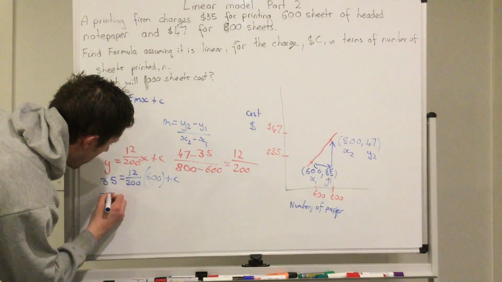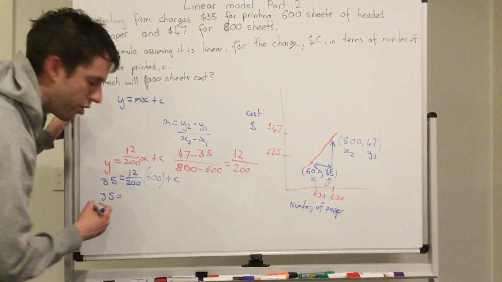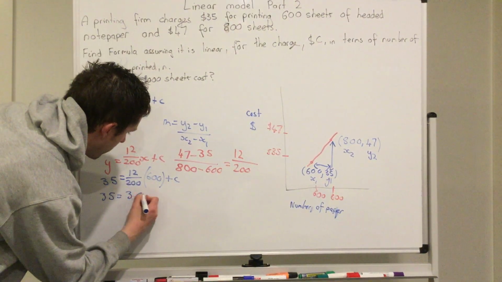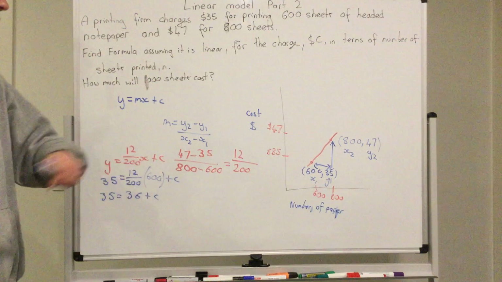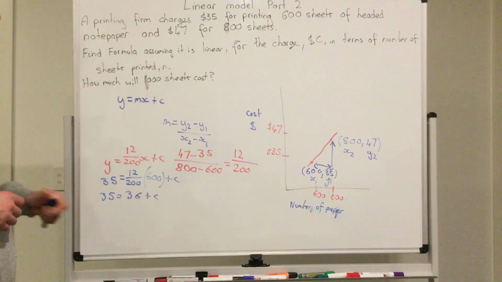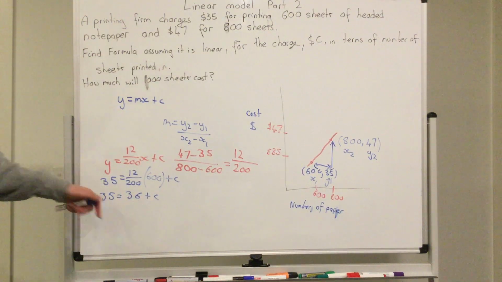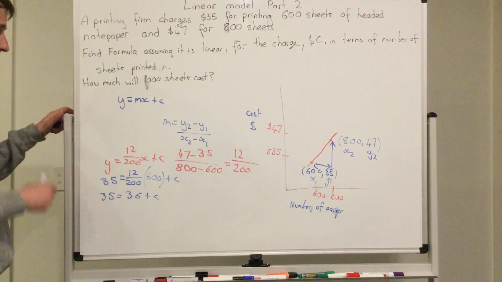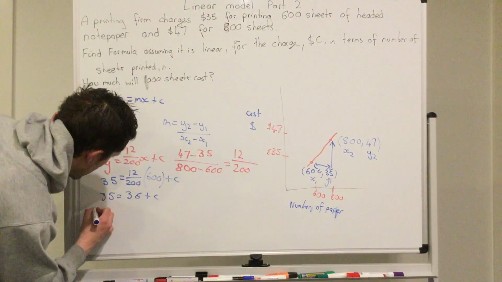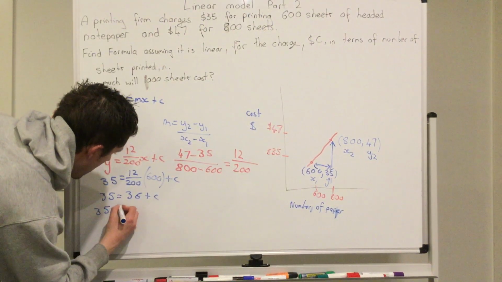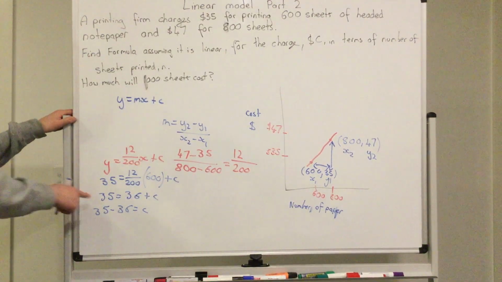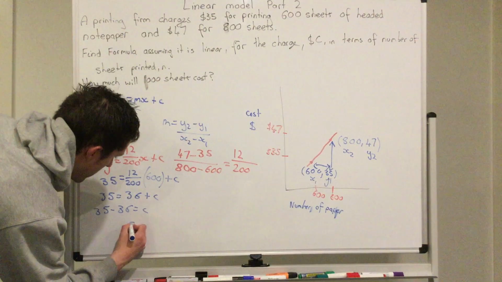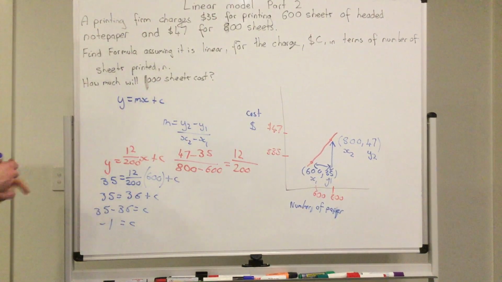So I've got 35 equals 36 plus c. Now we can work that out. I can take 36 over to the other side: 35 take 36 equals c. So that means c equals -1.